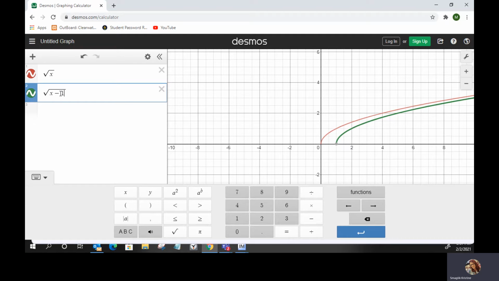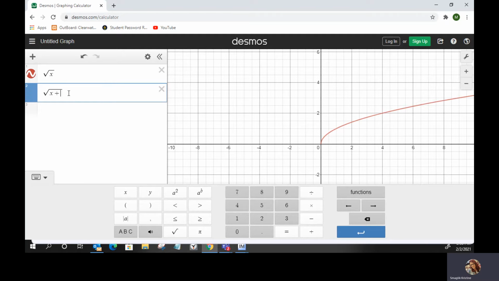If I change this to a positive, notice it moves left. Your h value is now negative 1. And again, if you were to plug negative 1 into your standard form, you'd have x minus a negative 1. Negative makes it positive.